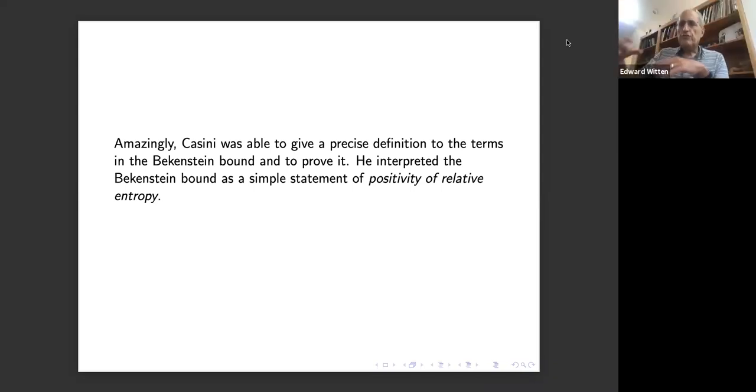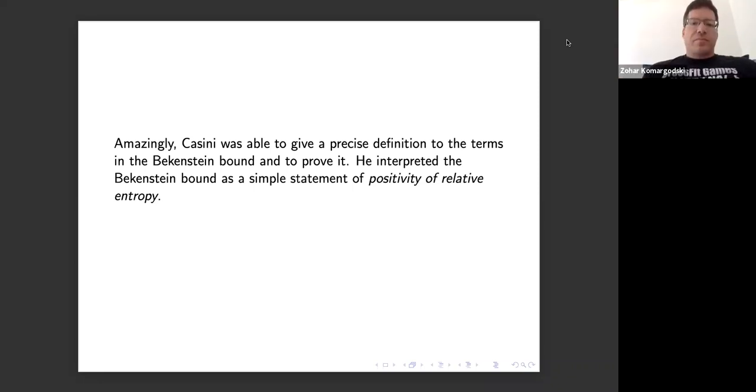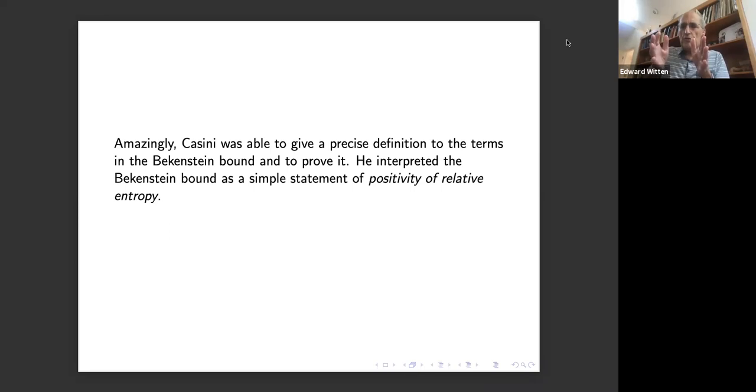So to make the bound as interesting as possible, you move your system as much as you can to small x. For Casini's bound to be similar to what Bekenstein said, you have to move the system to the smallest x you can. So if the system has a small size, you move it to its left end at x=0. And then Casini's bound coincides with what Bekenstein said, up to a factor of order 1, basically.